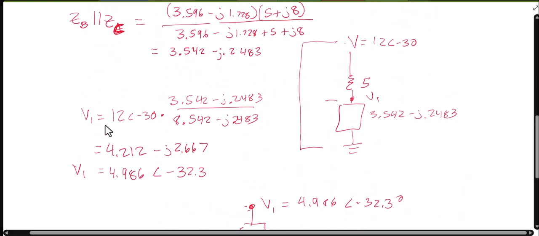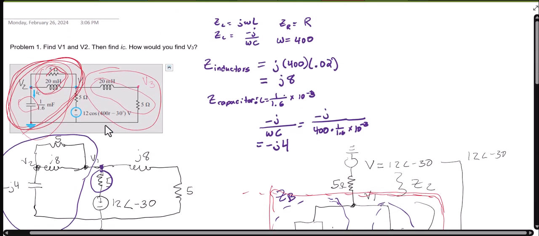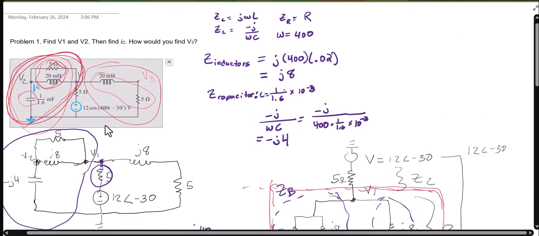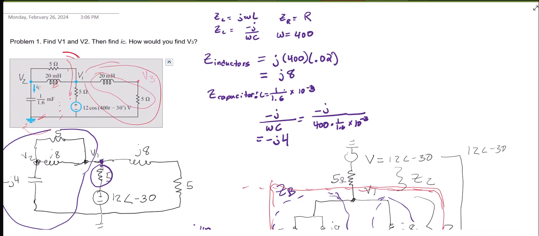And then the original problem said then find IC. The reason I did that is because the circuit I copied this from, the book I copied it from, the problem was to find IC. And so the only way I could check my answer was to actually find IC. So we'll just go ahead and do that because it's good practice.